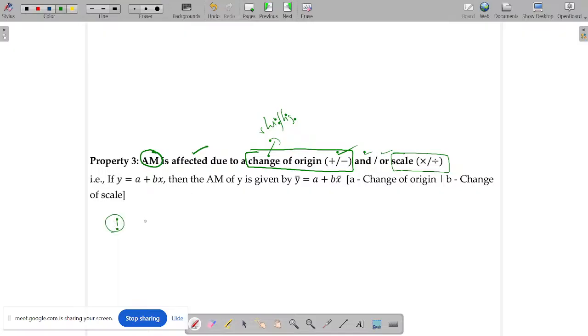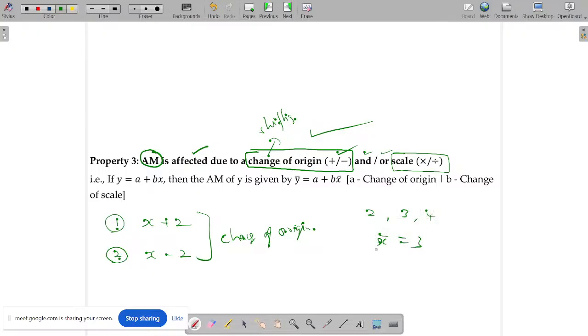Case 1, you remember? We did x plus 2. Case 2, you remember? We did x minus 2. Both are change of origin. Okay. What this property says is, if the values are 2, 3, 4 and your x bar is 3, after adding plus 2, your values become 4, 5 and 6.